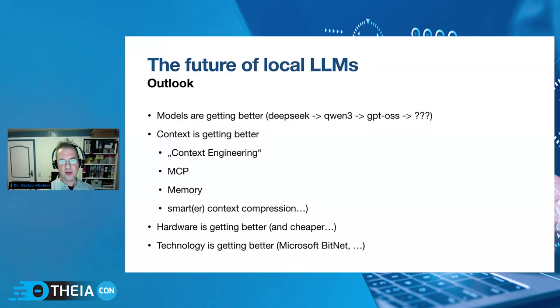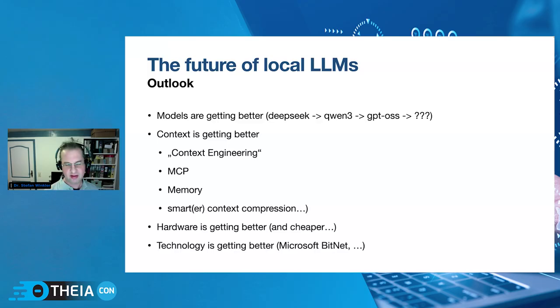About the future, so models are getting better, as we have seen. So we never know what's next. Context stuff is getting better. We have this term of context engineering, MCP. We are thinking, or we are developing memory and so on.